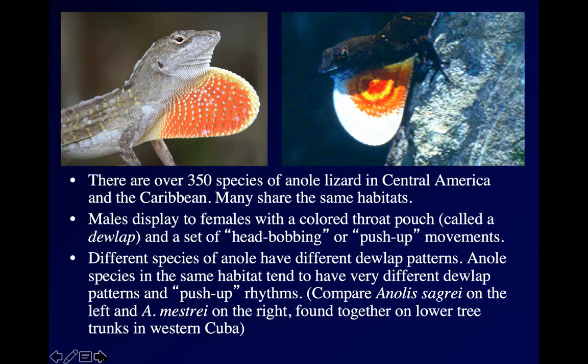And the reason is, again, if you're a male and you mate with a female of a different species, you're not going to leave offspring. For that matter, if you're a female and your male is of a different species, your eggs are not going to get fertilized. So the idea is that males that can clearly signal, hey, I'm Anolis sagrii and I'm not Anolis mestrii, will leave more offspring than males that signal, hey, I'm a lizard.